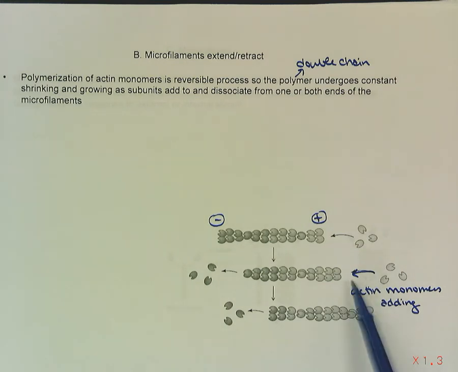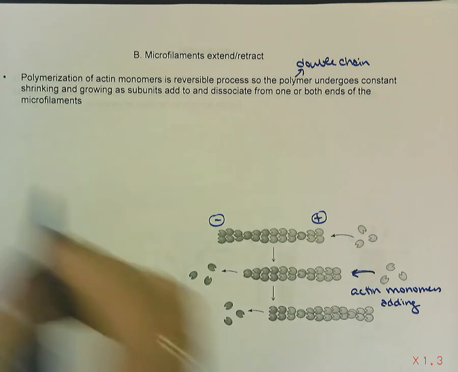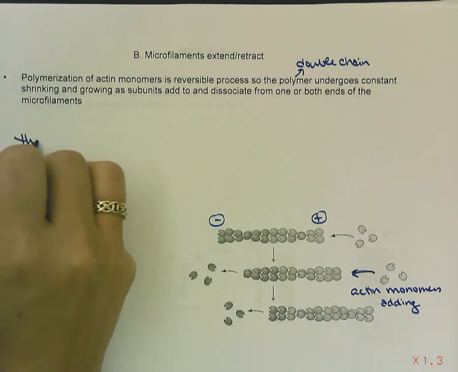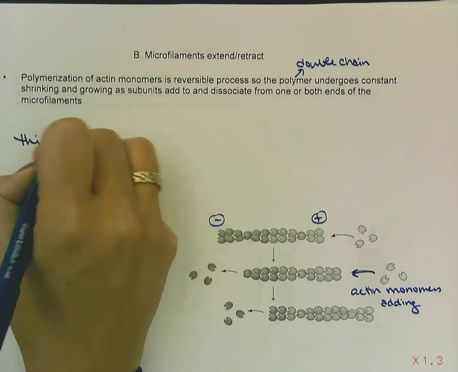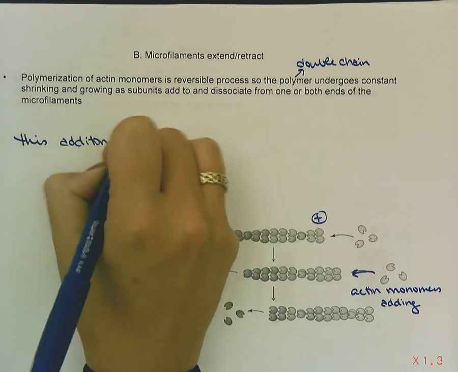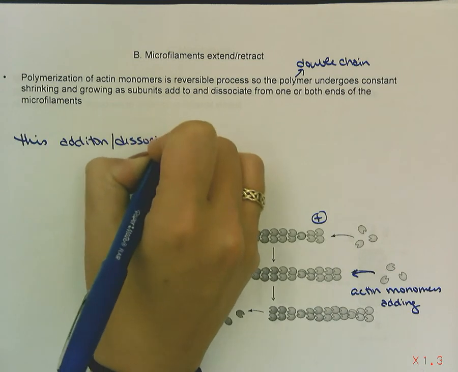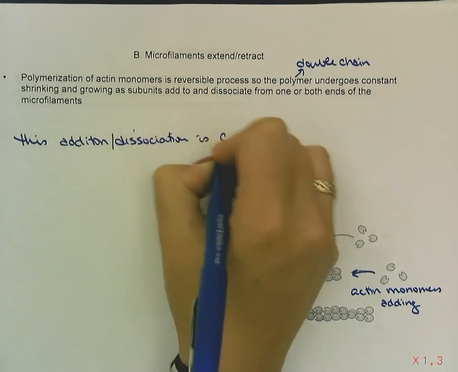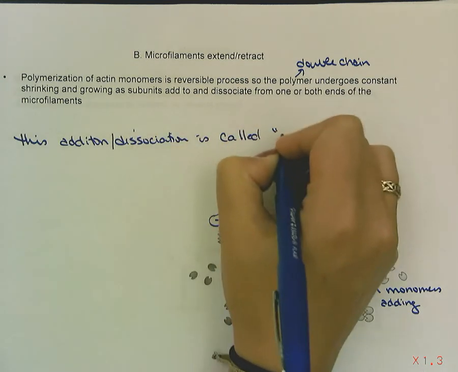They typically only add to one side, but they can pop off of either side. And that is going to be called treadmilling.